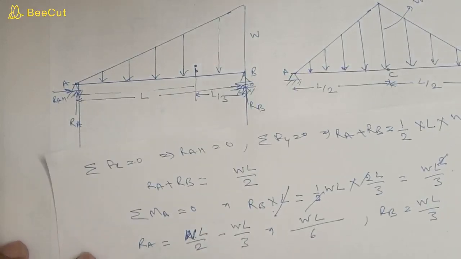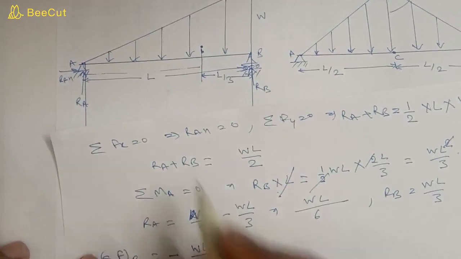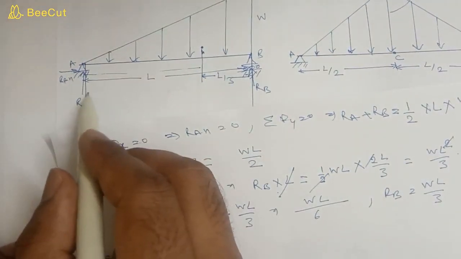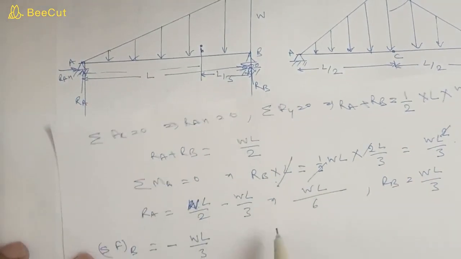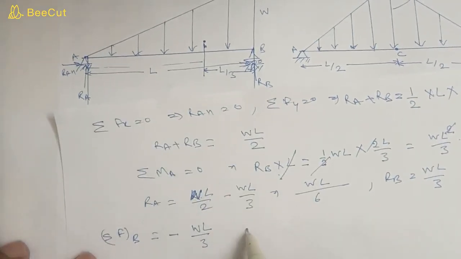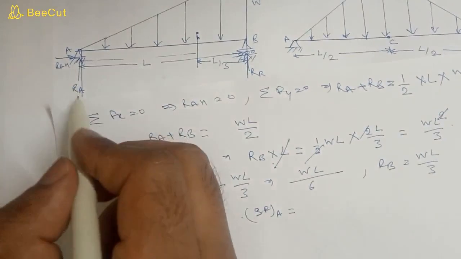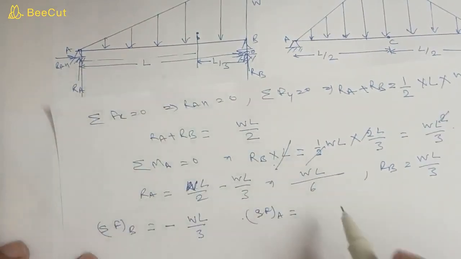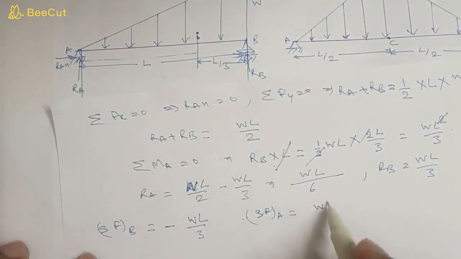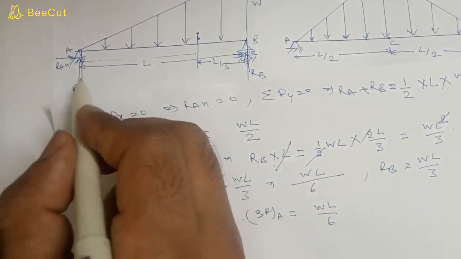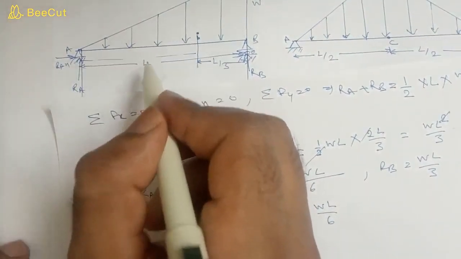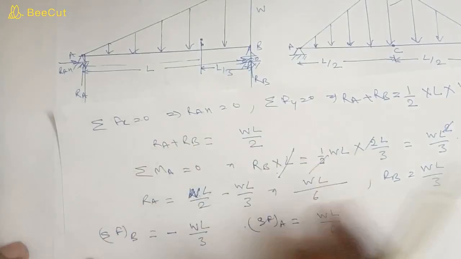Now if you select from this end, at point A, the shear force will be equal to this force RA, so it will be WL by 6. This is an upward force and the other is downward, so in this direction it will be positive.